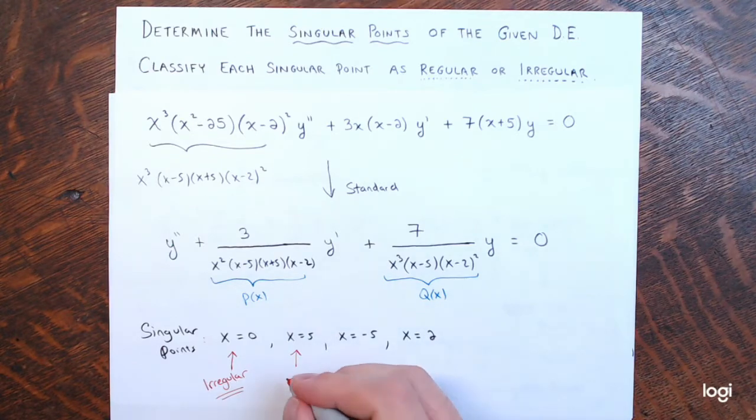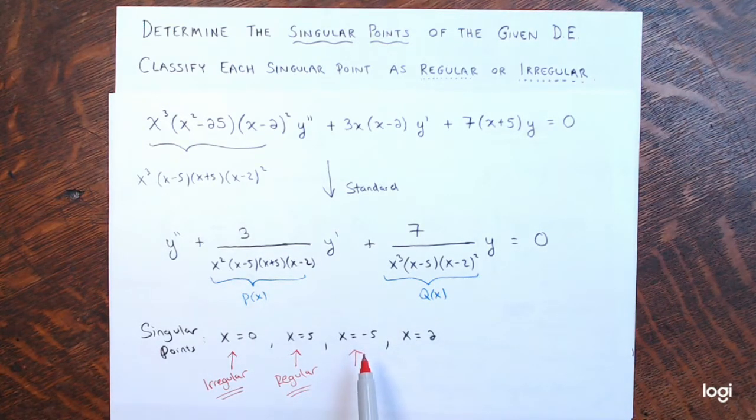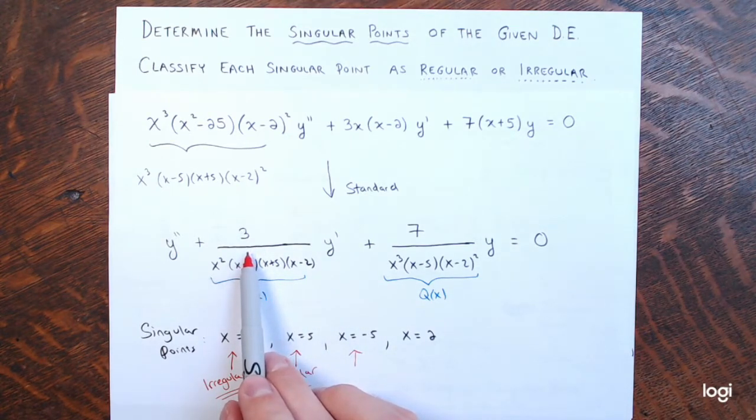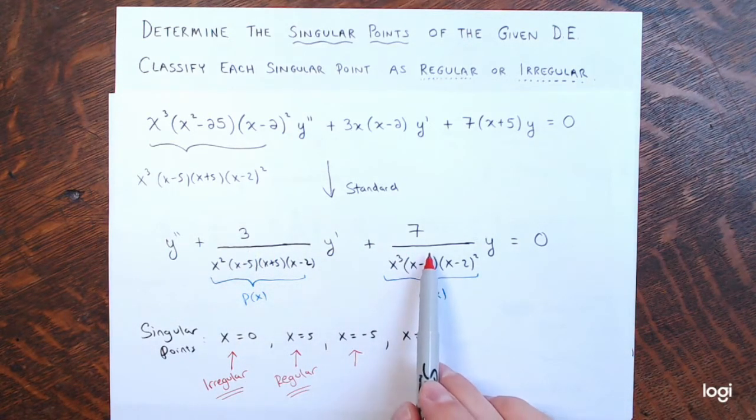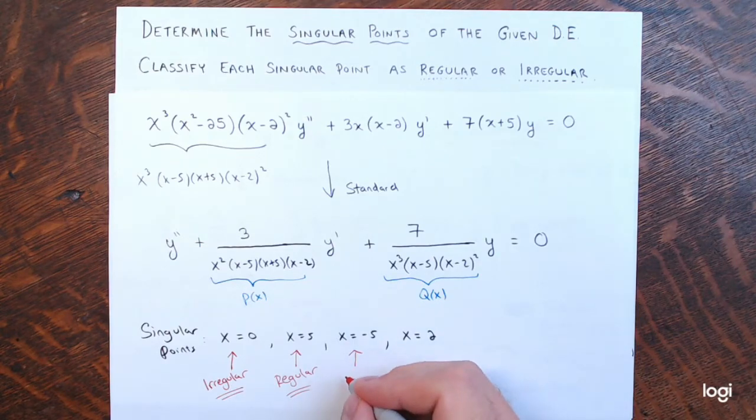So x equals 5 is regular. When I'm asking about x equals negative 5, I'd multiply this function by x plus 5 and this one by x plus 5 squared. That would cancel the x plus 5 here, and so in either one there'd be no more x plus 5 in the denominator, so again I have a regular singular point.